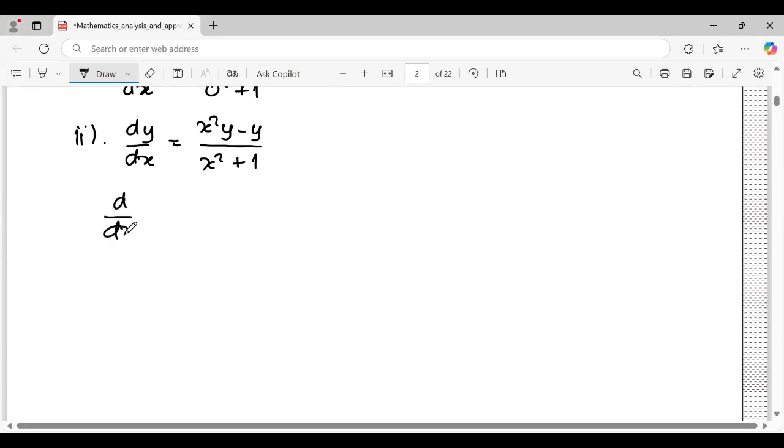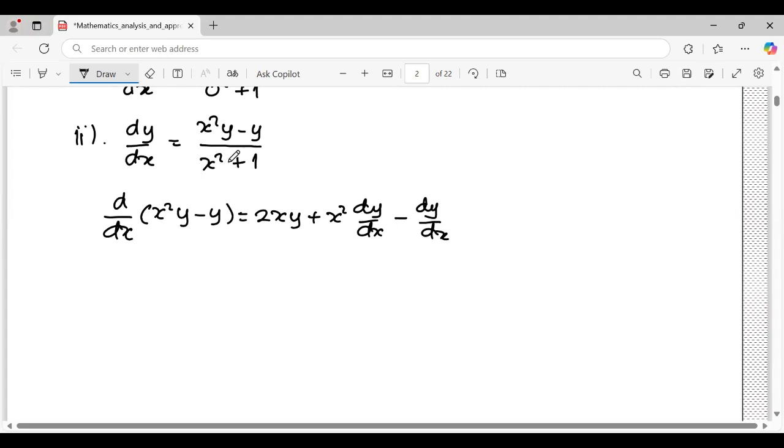The derivative with respect to x of this expression x squared y minus y is equal to 2xy plus x squared dy/dx minus dy/dx.